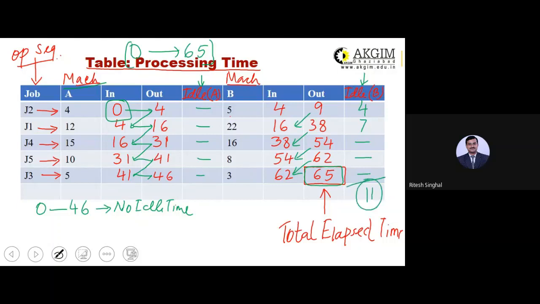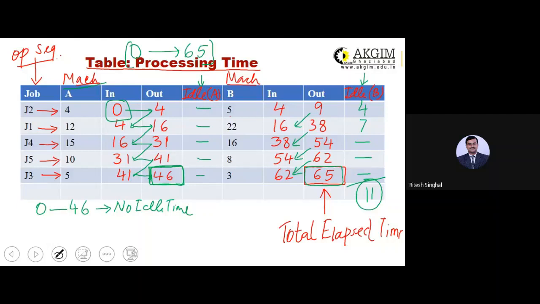But for machine A, there is one more gap. Machine A completed all its jobs at the 46th hour, but it has to wait for machine B to complete the entire project.